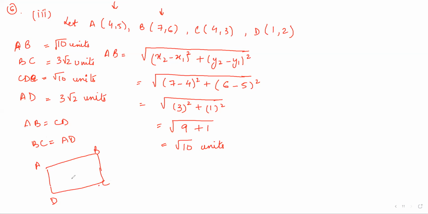So I think I cannot call it a rectangle right now, because for that I need to check whether the diagonals are equal or not, isn't it? Yes, ma'am, if the diagonals are equal, then it will be a rectangle. And if the diagonals are not equal, then what will I call it? Parallelogram. Parallelogram, yes. So you also check how much is AC and how much is BD. So tell me quickly, AC and BD.